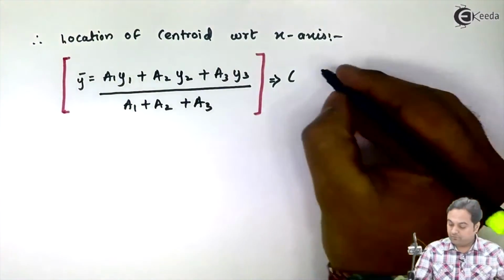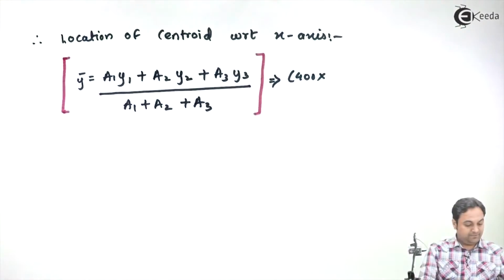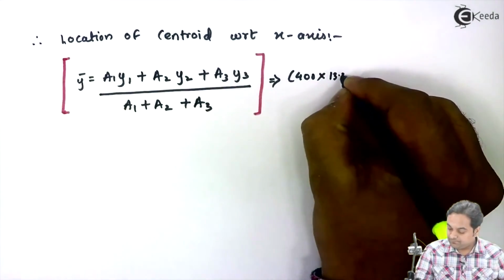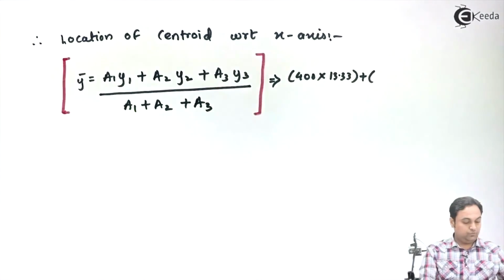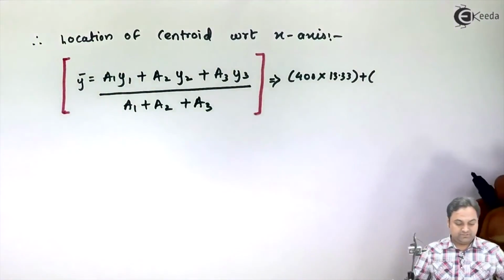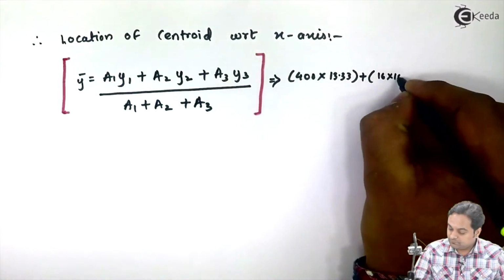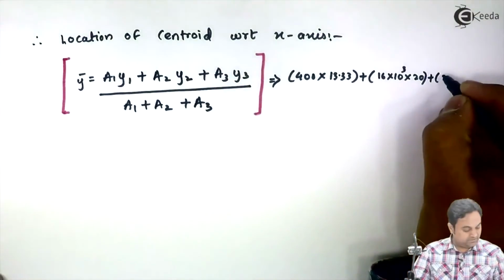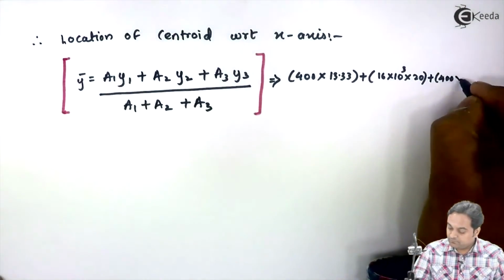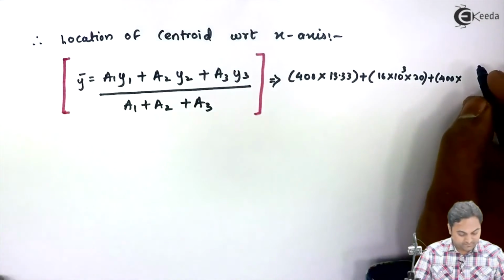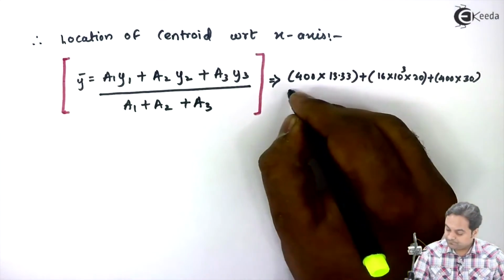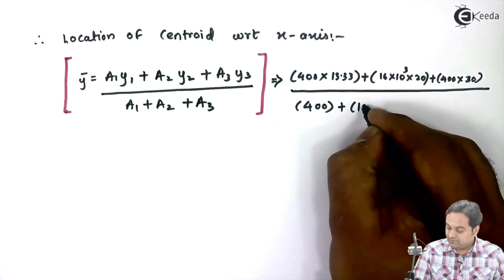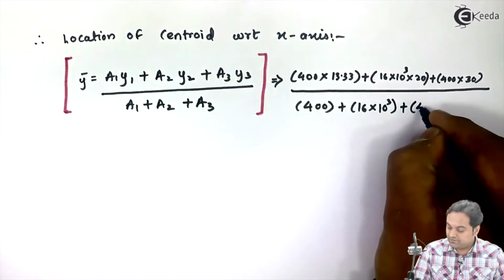Area 1, 400, into y1 13.33, plus area 2, 16 into 10 raised to 3, into y2, that is 20, plus area 3, 400, into y3, that is 30, upon area 1 plus area 2 plus area 3.